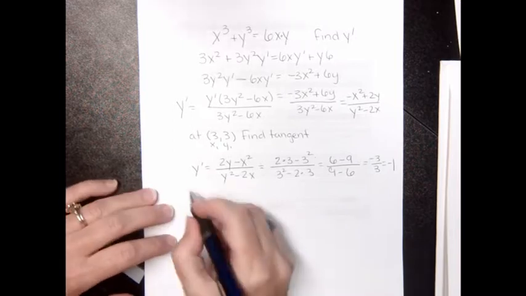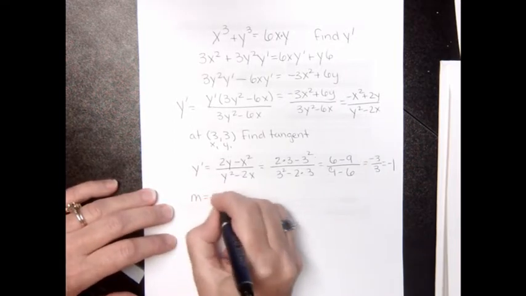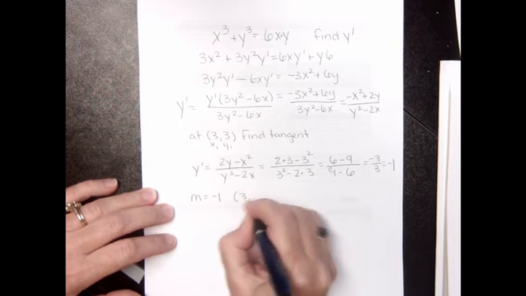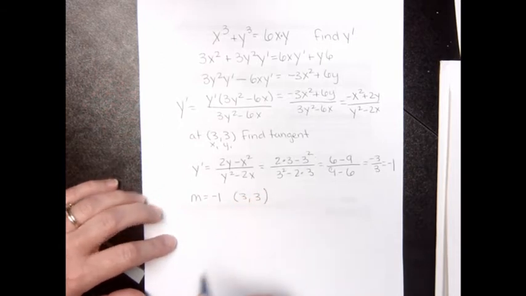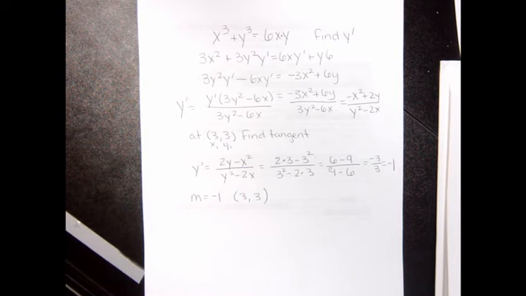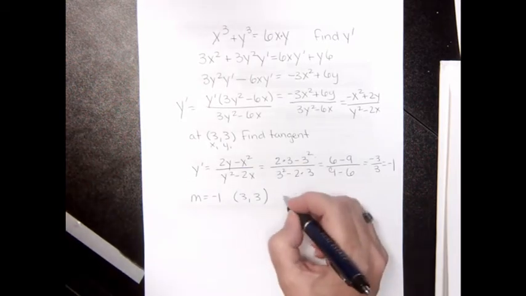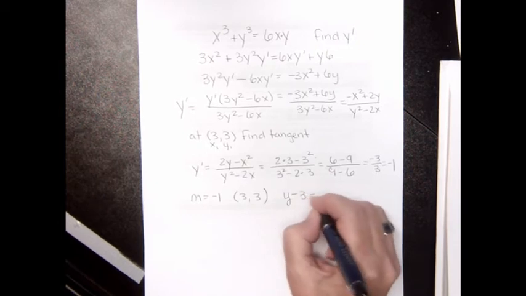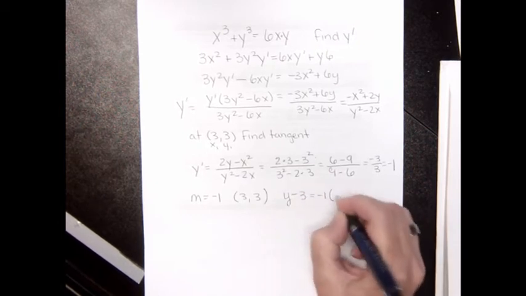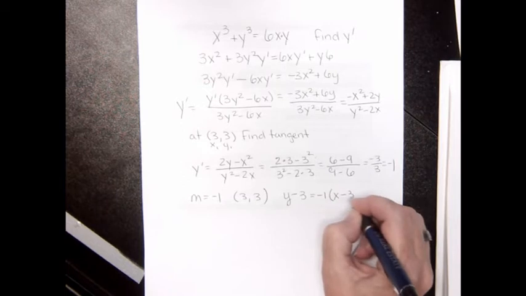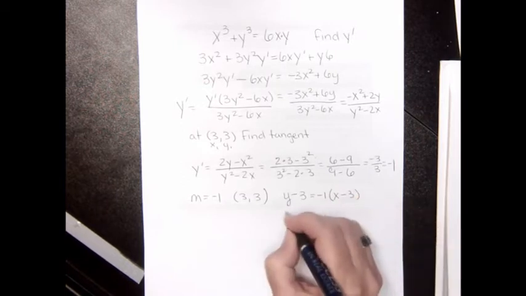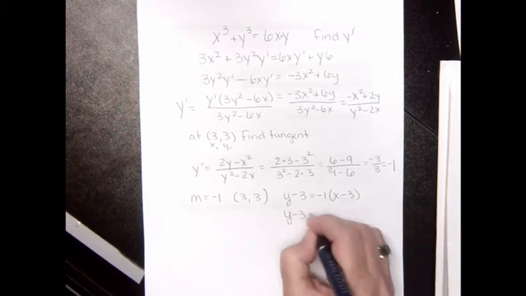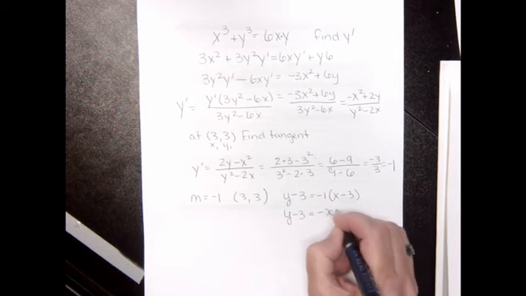So now that I have my slope and my point, I'm going to use the point slope formula. So again, y minus y sub 1 equals slope times x minus x sub 1. So y minus 3 equals negative x plus 3.